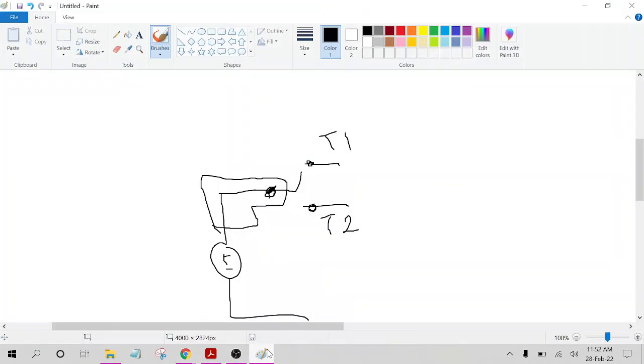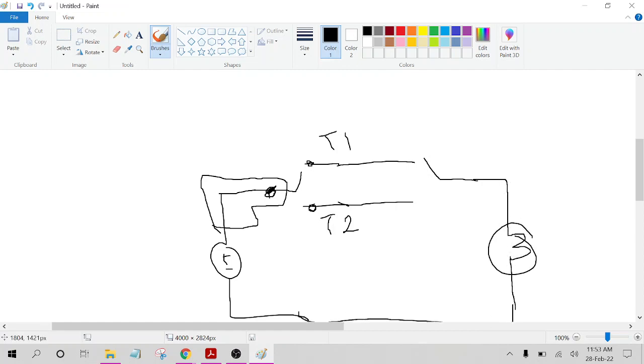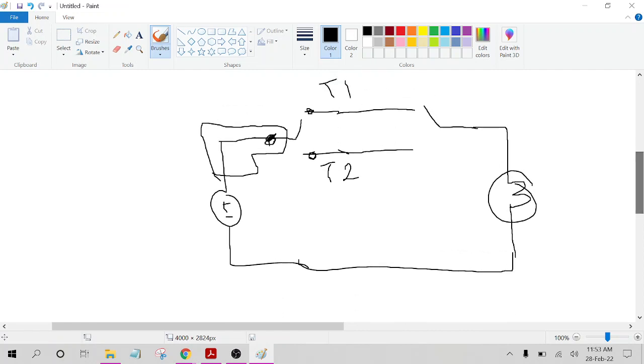Next, let me draw the remaining circuit. This is the second switch. Please observe that the second switch also has 3 terminals, 1, 2 and this one. So again, which one is the common terminal?